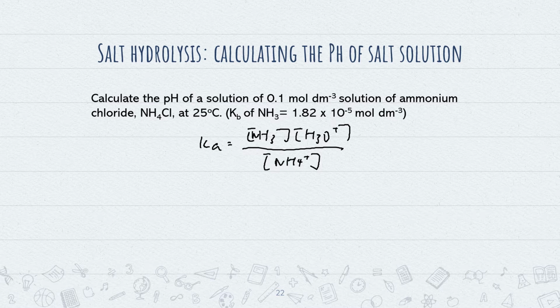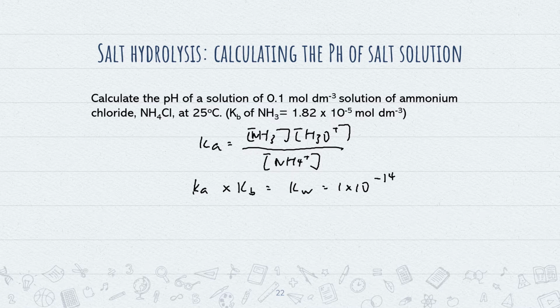Okay, so how do we calculate the value of Ka? I'm not sure if you are familiar with this relationship between Ka and Kb, but essentially the Ka, for example of NH4+, and the Kb, for NH3, multiply to equal Kw, which is 1 times 10 to the power negative 14.